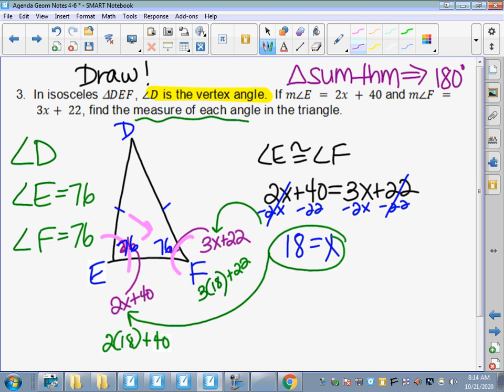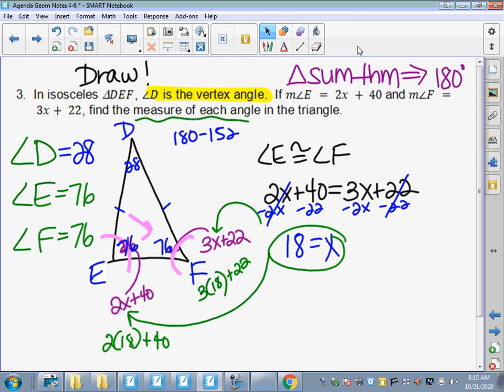I could add those two together and subtract from 180 to figure out what angle D has to be. I believe that's going to be, what, 152? So 180 minus 152. I think that's going to be 28 degrees for angle D. Double check me, let me know if I'm wrong. So, sneaky little word problems.